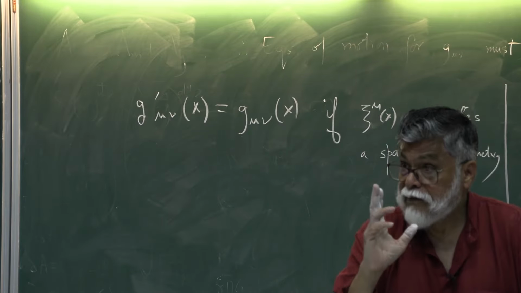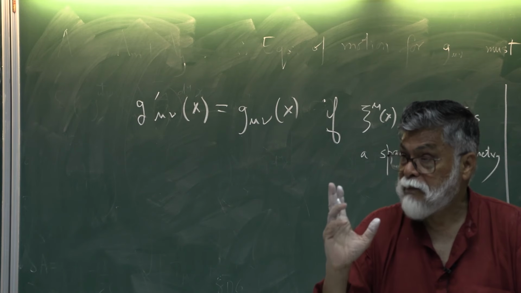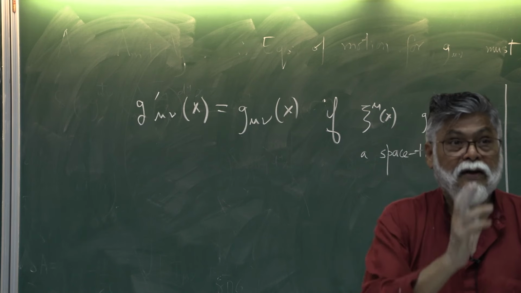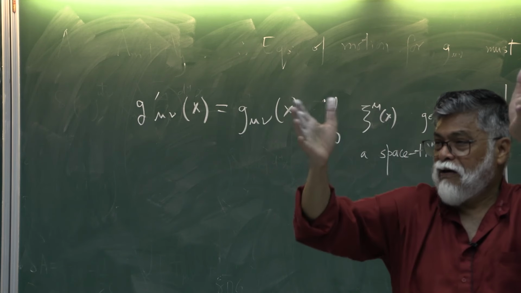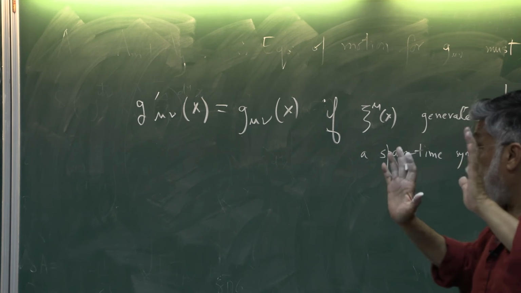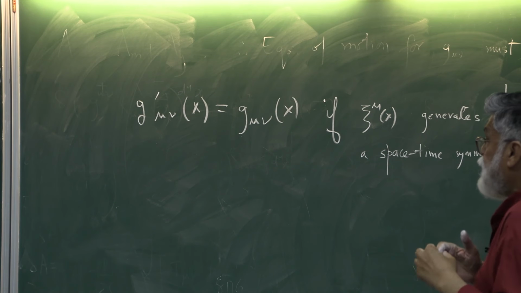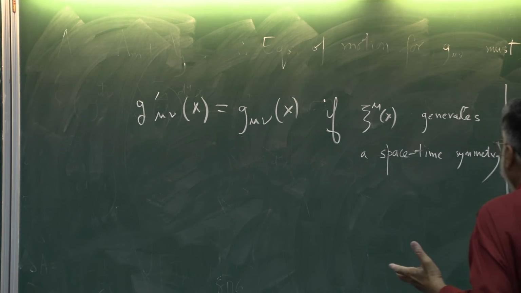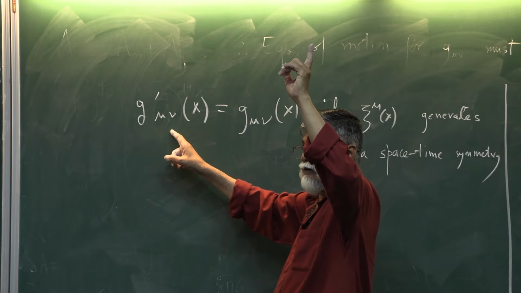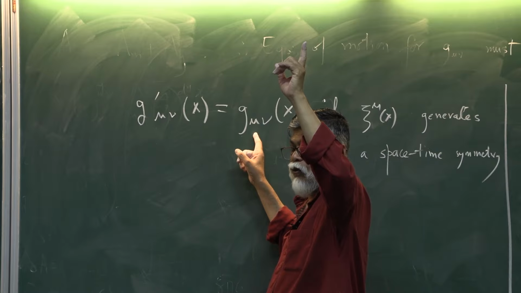But r, which is the square root of x prime squared plus y prime squared plus z prime squared, remains the same. So V of r as a function of r doesn't change. The function itself doesn't change. Therefore, if I want my xi mu vector field to generate a space-time symmetry, the new metric as a function must be the same as the old metric.